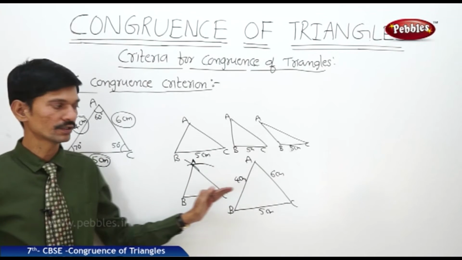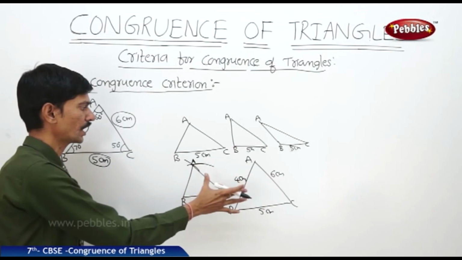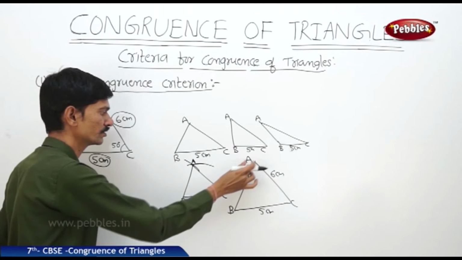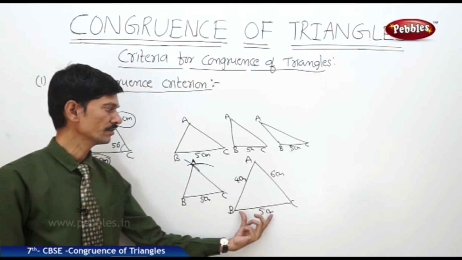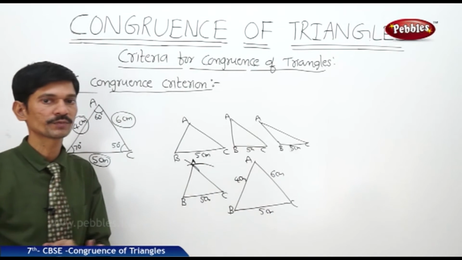If you observe the corresponding sides of the two triangles, they are equal. Here AB is 4 centimeters and here also AB is 4 centimeters, BC is 5 centimeters in both, and AC is 6 centimeters in both.